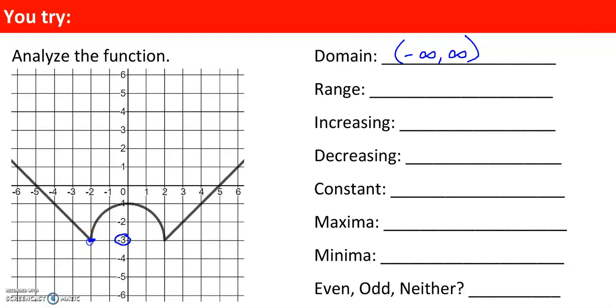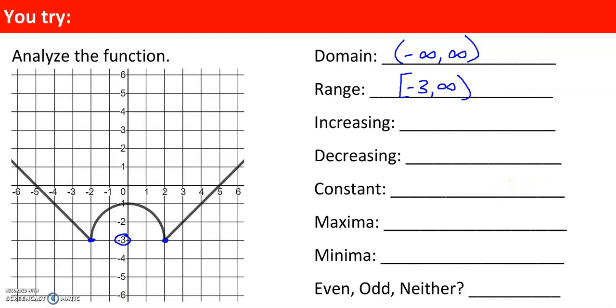That appears to be the lowest that this graph ever gets. Now I think it will get the negative y values between -3 and 0, and I think it will get all of the positive y values. So I think the range is everything that includes or is greater than -3. We write that in interval notation as from -3, including the -3, to positive infinity.